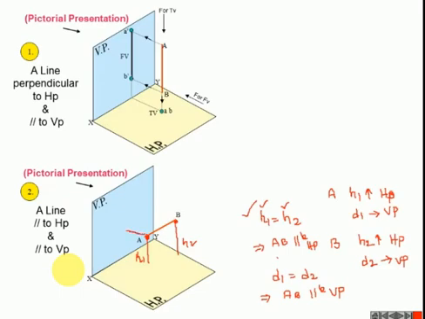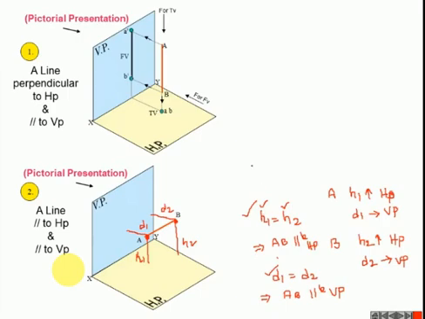Similarly, this distance is D1, so point A is D1 mm in front of the VP, and point B is D2 mm in front of the VP. Suppose the distances D1 and D2 are the same, we can say that the line AB is parallel to VP. Suppose D1 is not equal to D2, then we can say that the line AB is inclined to VP.